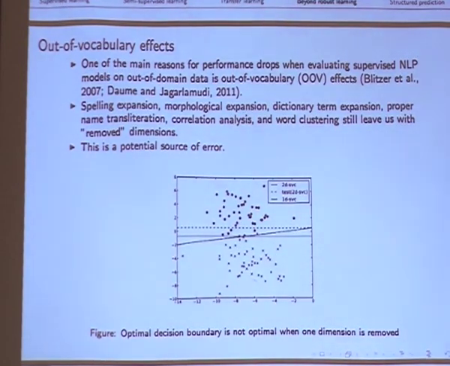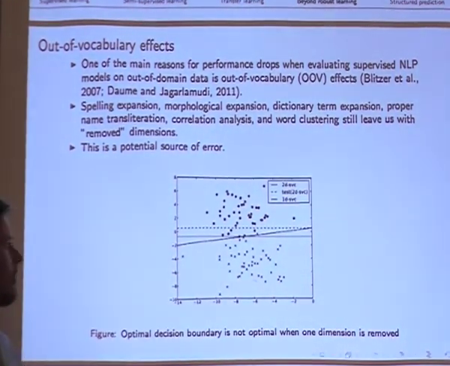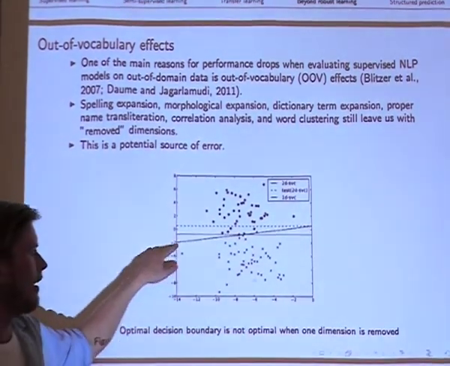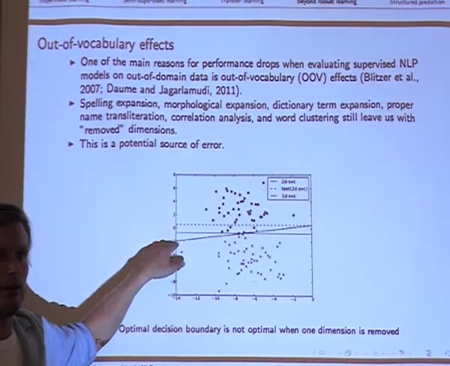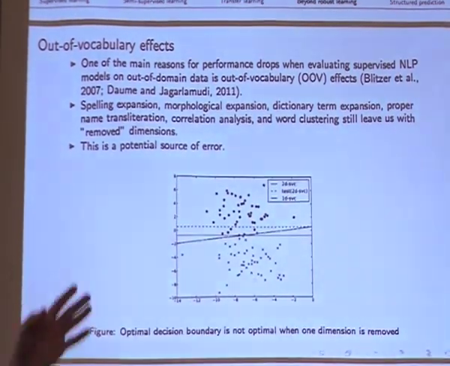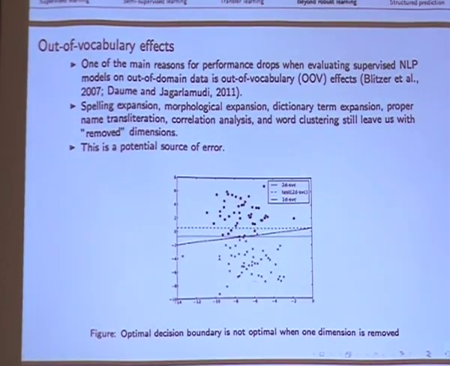A very, very simple example is the plot that I made here. So the support vector decision boundary here is the non-horizontal line, this one. It's the best way of fitting to this data set.